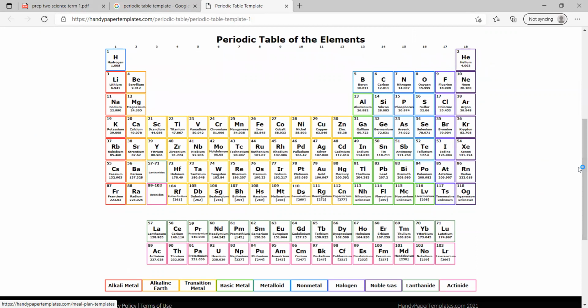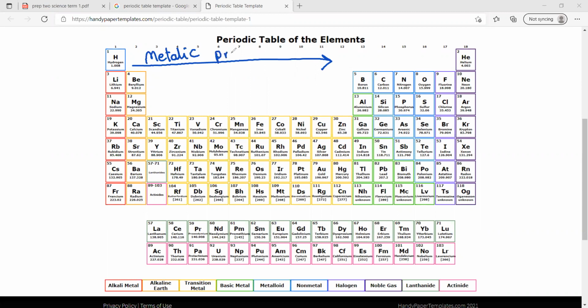There are only the ones we took. When we move from left to right, we said that the metallic property decreases. I'm starting with the strongest. This is the strongest metal, except for hydrogen.